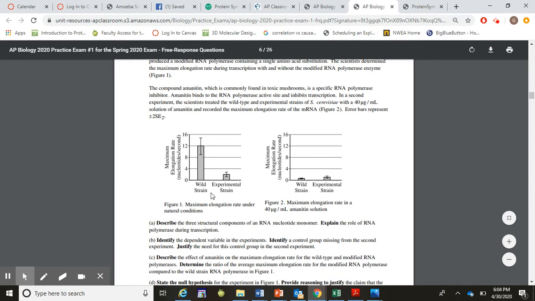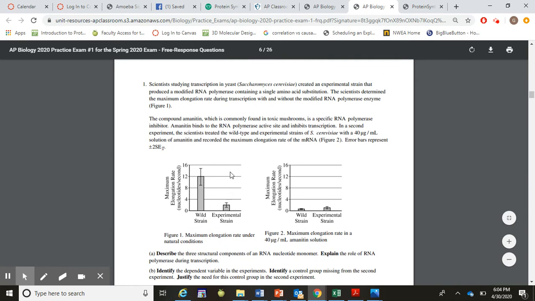Our independent variable is which strain we're using. Our dependent variable is the maximum elongation rate in nucleotides per second. So how fast are they making messenger RNA based on whether you have the wild type, meaning the naturally occurring RNA polymerase, or the modified RNA polymerase that contained a single amino acid substitution?